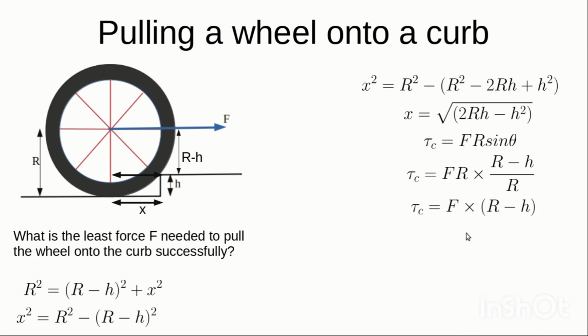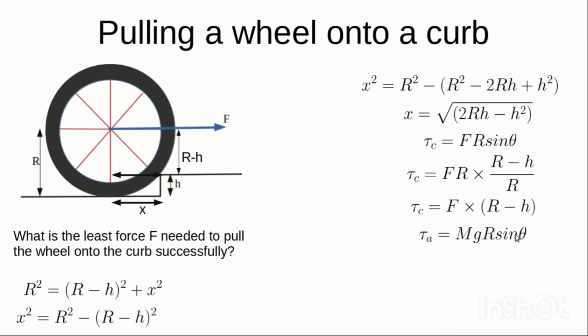Let's look at the anti-clockwise torque. That is the torque needed to pull backward. If this one is needed to pull over this curb, this one is needed to pull backward. The force acting back in the anti-clockwise direction is the weight. So the weight, mg, times this perpendicular distance, is given by mg R sin theta.